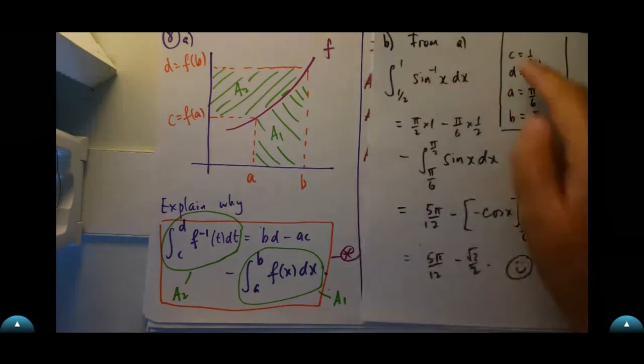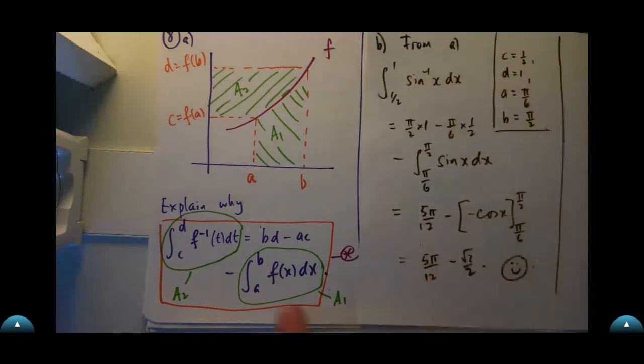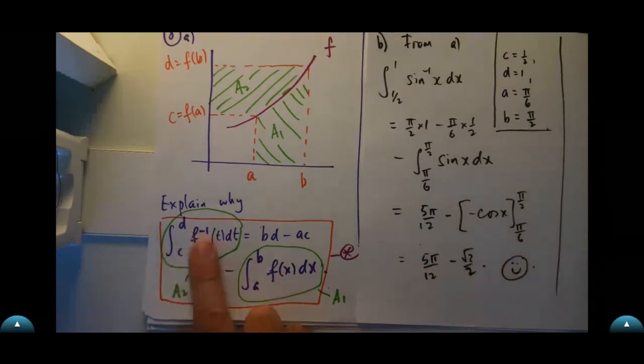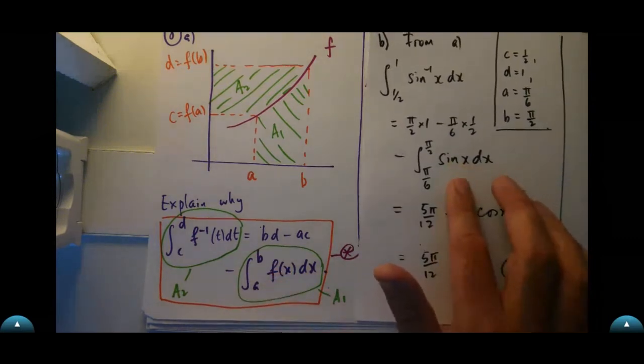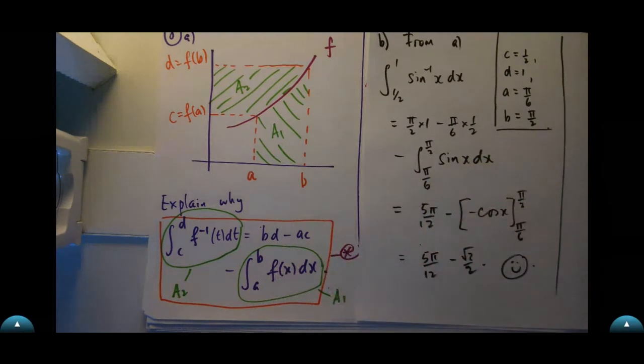This is an interesting thing to know, because this could be really difficult, but this could be really easy. So this is an easy calculation over here, and I think that's what they're trying to tell you in this question.